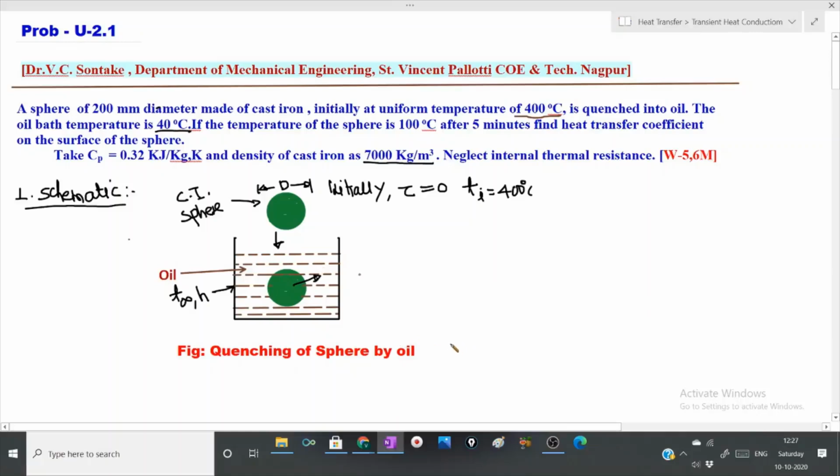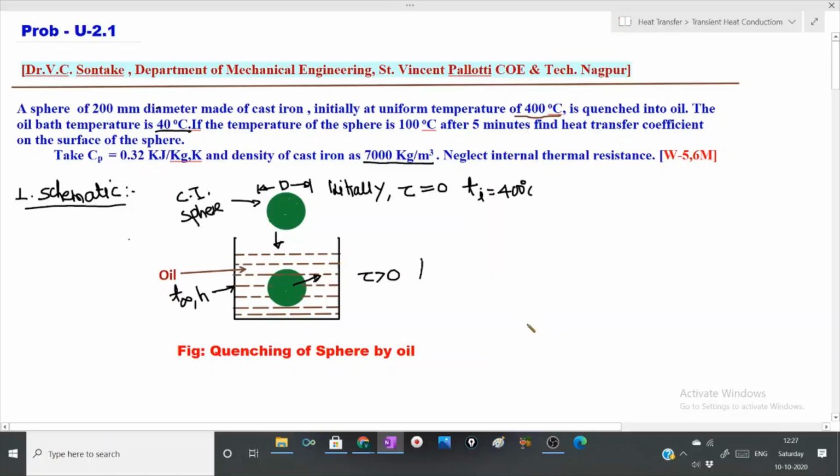So what I can say, after some time or at any moment of time greater than 0, what is the meaning of this? Tau is greater than 0, time after the initial period.